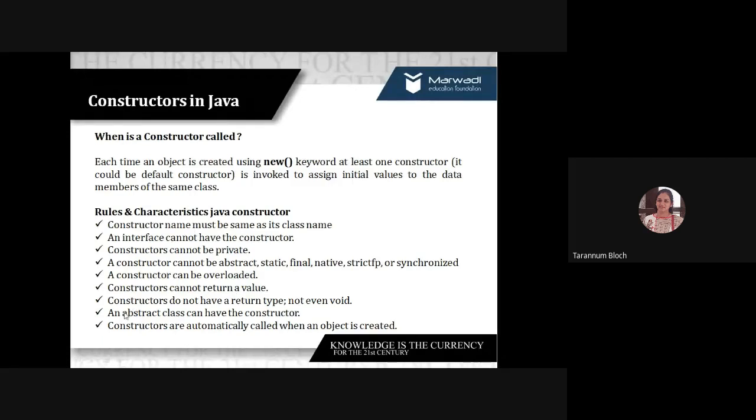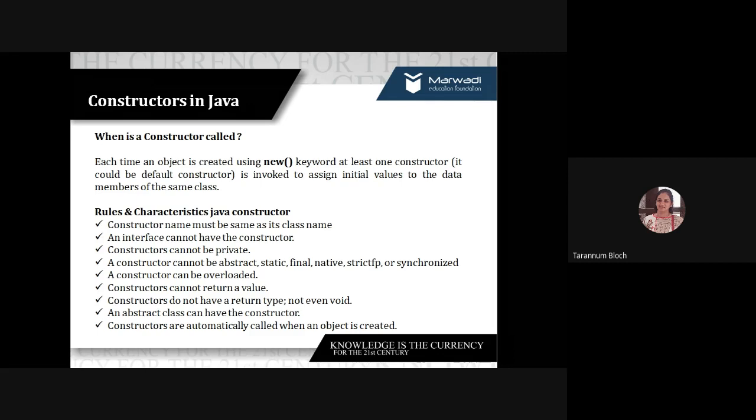Fine. So as it does not have any return value, obviously it will not have any return type. I'm talking about the third line, which says constructors do not have any return type, not even void. Even though it has nothing to return, it is just used for memory allocation, and that's why it does not do any computation or calculation.